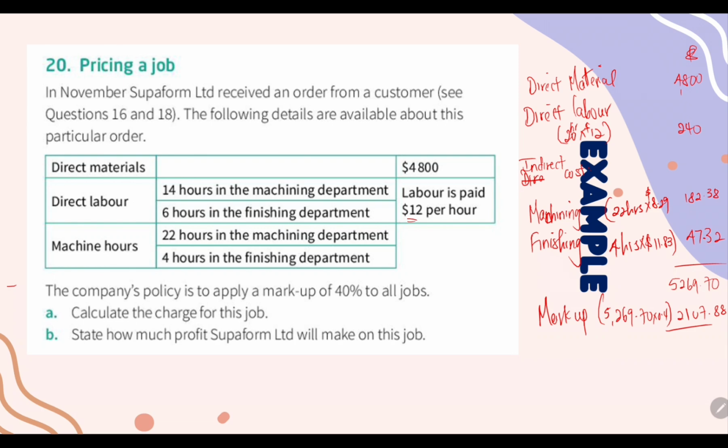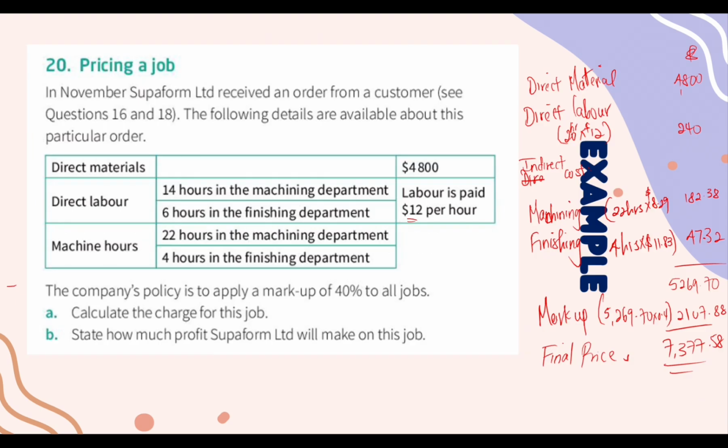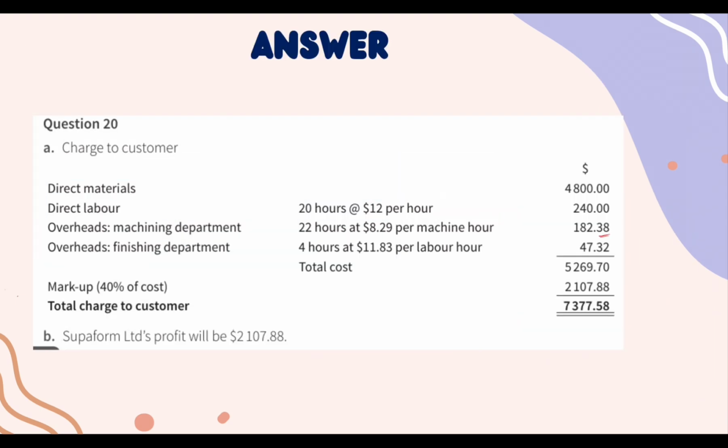You add this to the $5,269.70, and you have $7,377.58, and this is your final selling price. And that's it. Let me see. Alright, basically we have the same thing.